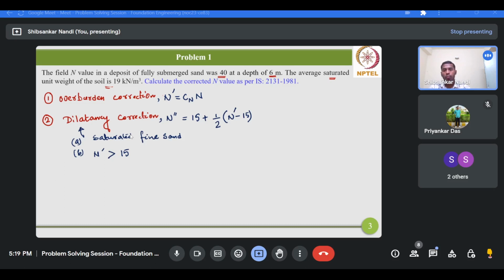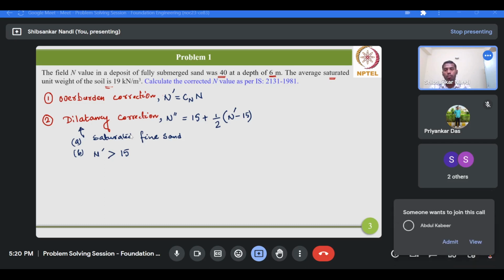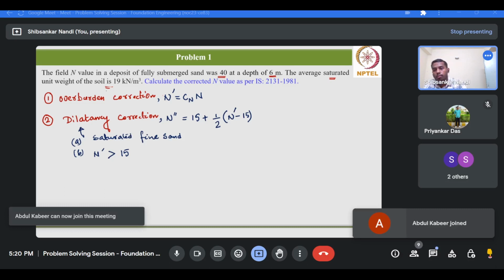Therefore, to maintain uniformity in the response, since this N value will later be correlated to relative density or consistency of the cohesionless soil, you need to apply this kind of overburden stress correction.